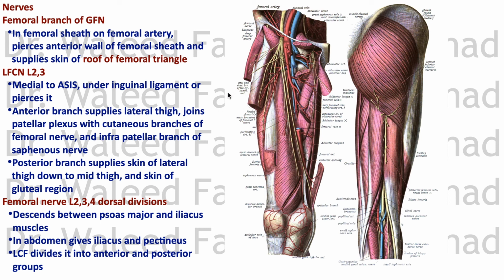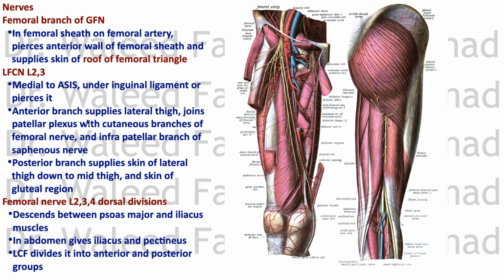Nerves. We have the femoral branch of the genitofemoral nerve that pierces the femoral sheath, remember, and supplies the skin of the roof over the femoral triangle. The lateral femoral cutaneous nerve descends medial to the anterior superior iliac spine and pierces the inguinal ligament.